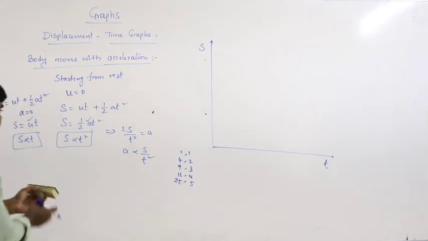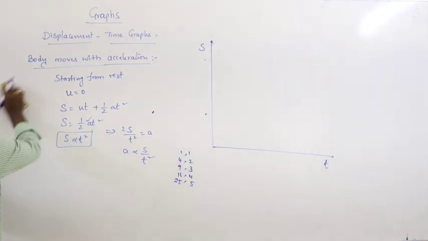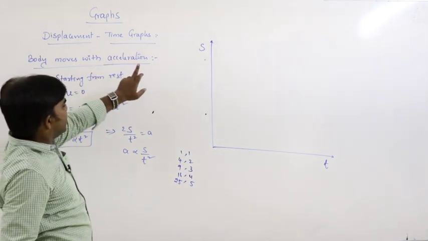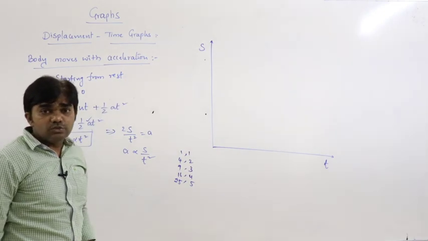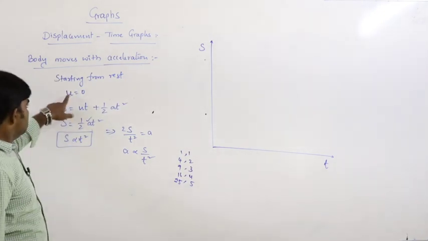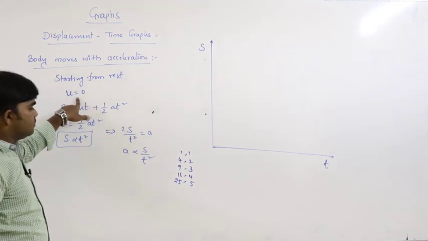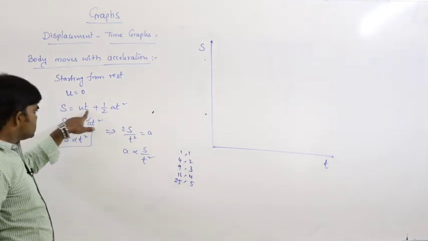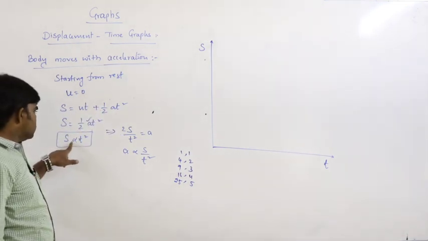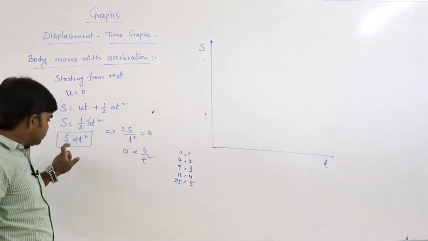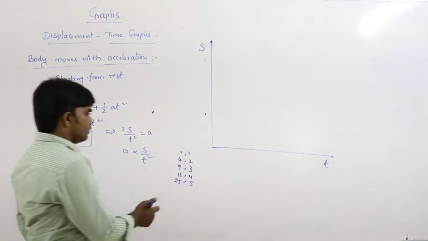In the same way, for the situation body moves with acceleration. Here body starts from rest, velocity 0, s equals to ut plus half at square. So that is s proportional to t square. For this we have to draw the graph. So 1, 1.